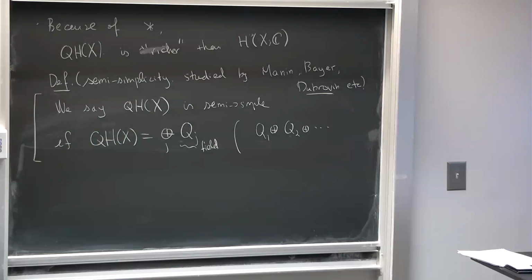So I assume a condition on quantum cohomology, and let's consider the situation where X, the smooth variety that we're given, degenerates to a singular Fano variety with the basic class of singularities that I introduced at the beginning, namely the isolated hypersurface singularities.